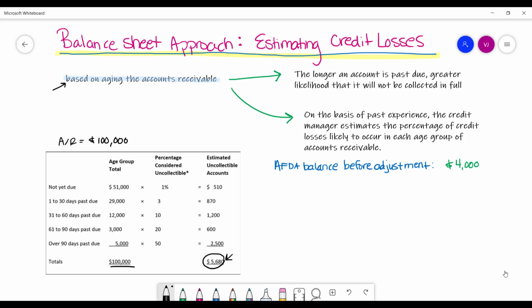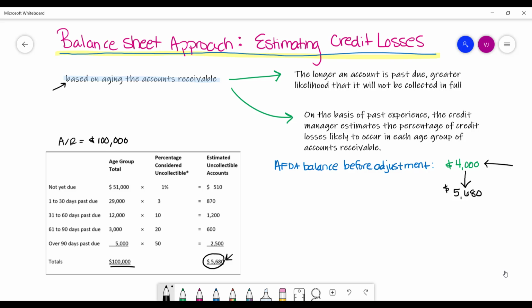According to this example, before adjustments, the balance in allowance for doubtful accounts is $4,000. But we've now determined that the estimated amount of uncollectible accounts is $5,680. So we want to bring the balance in that account up to our current estimate of $5,680.